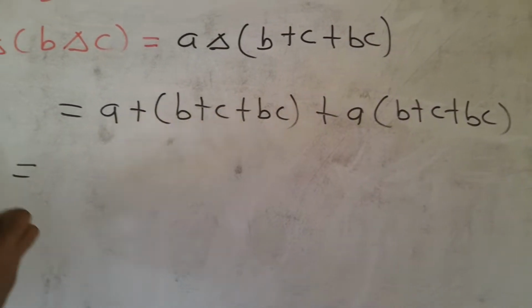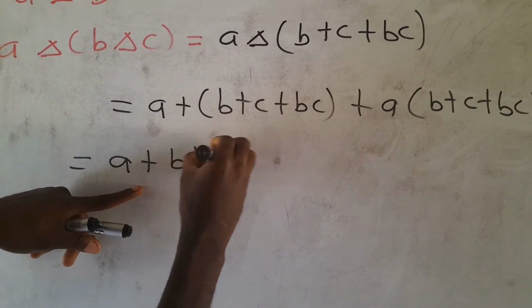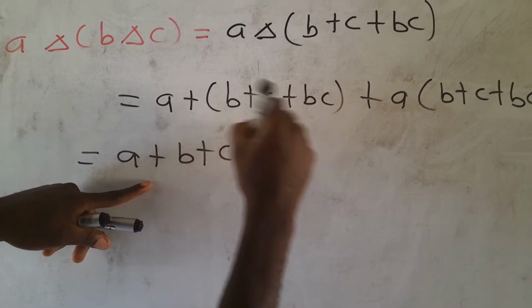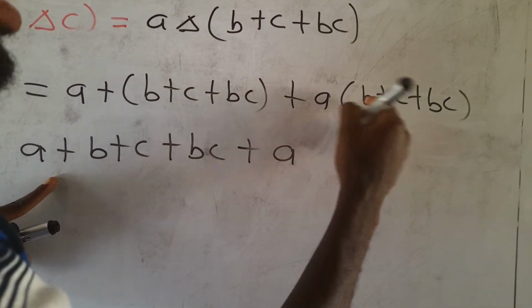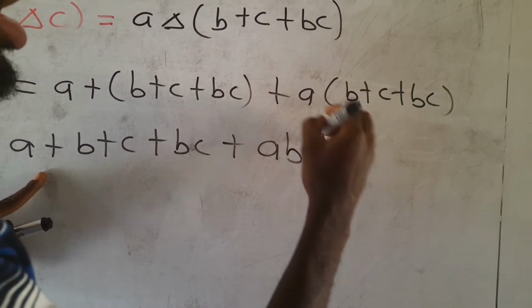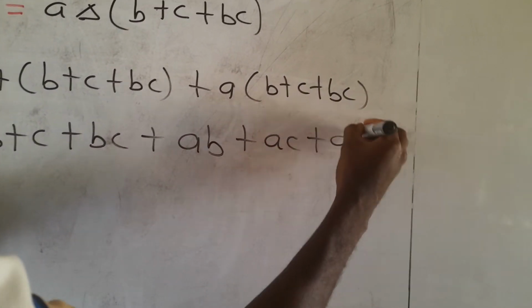Now we expand and polish. We have A plus B plus C plus BC for this. Then this will multiply A plus B: A times B will be AB, A times C will be AC, then A times BC will be ABC.